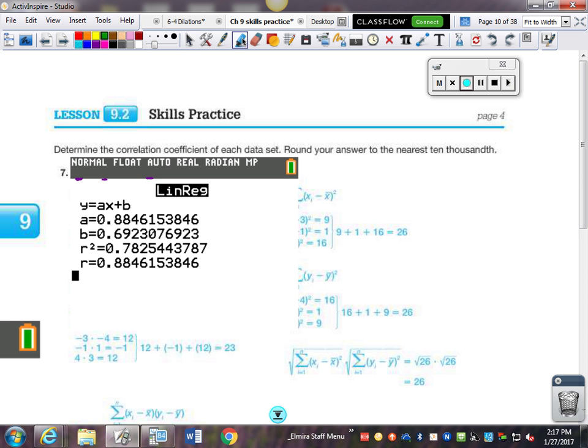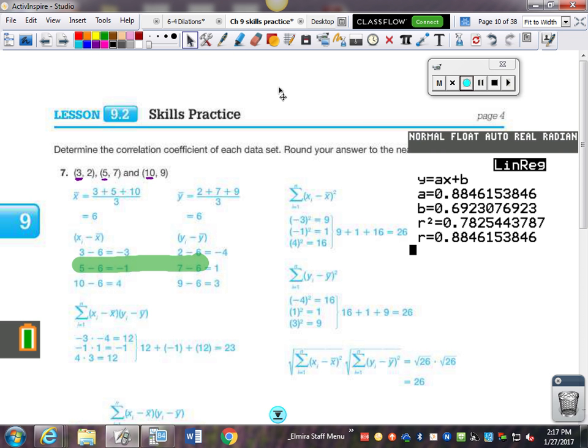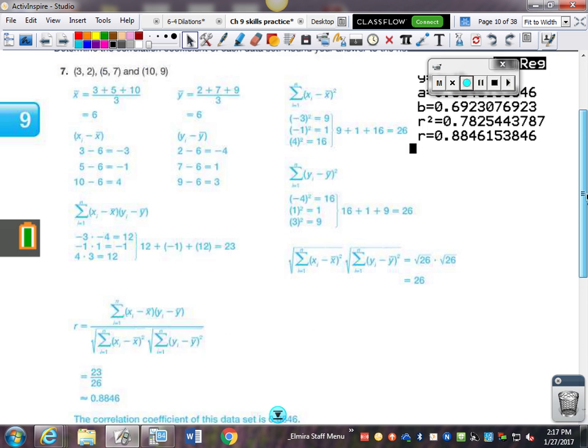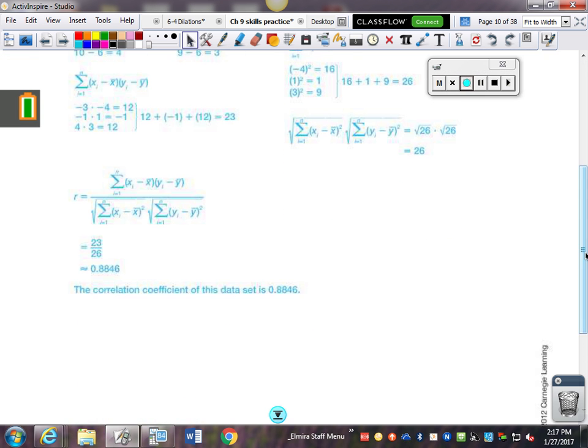All I am taking off this screen is the R value. That's it. So for 7 through 12, I just need to take off the R value. So if we looked at the example problem, finally at the very bottom, it gets to right down here, 0.8846.